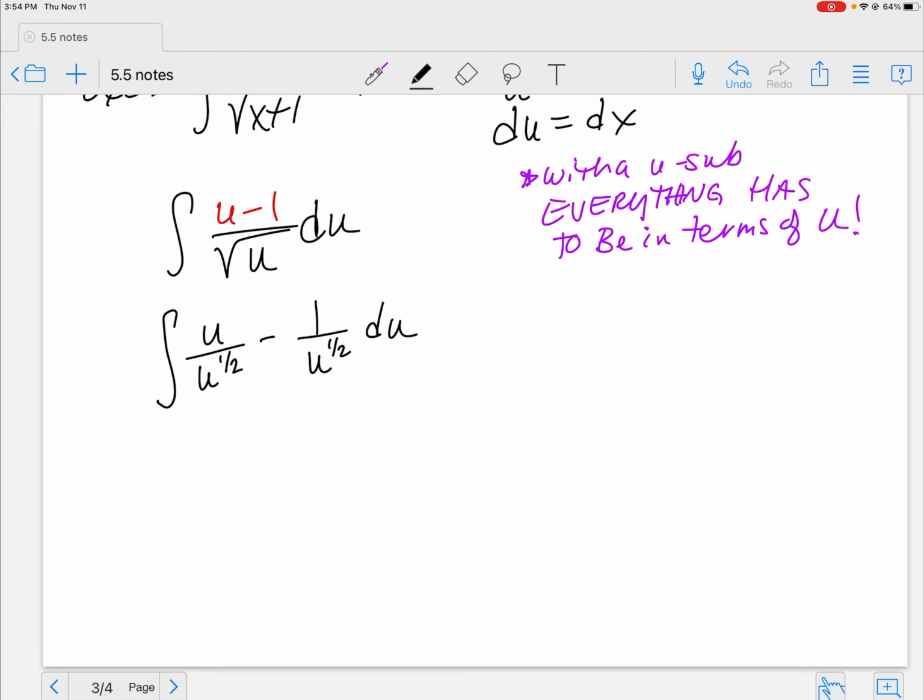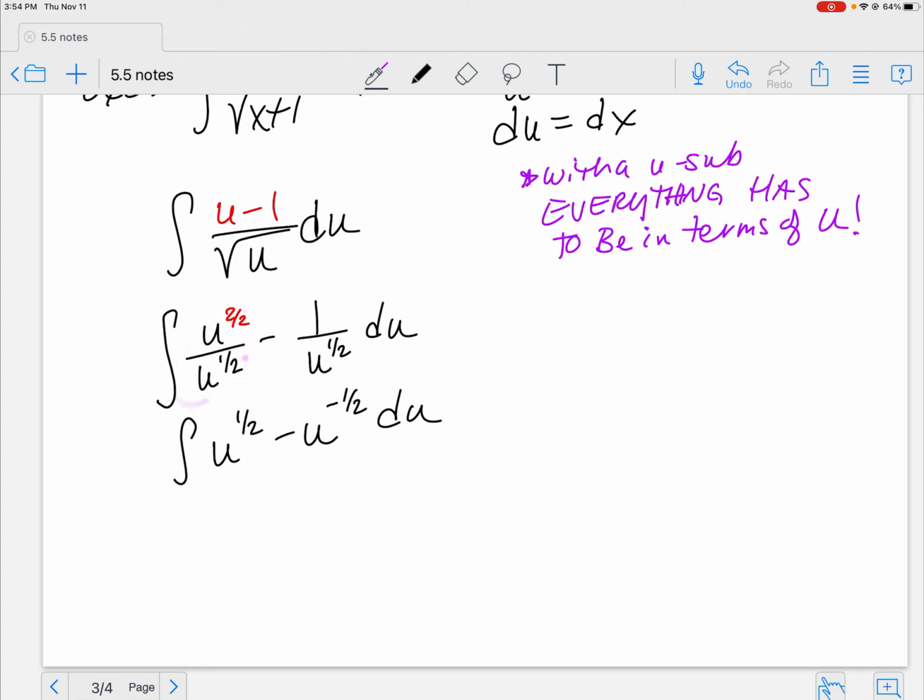Okay, I'm going to scoot this up a little bit. So here we are with these like bases. This is the same thing as 2 over 2. And you want to get it to where we're just algebra at this point. So I'm going to integrate here u to the 1/2 minus u to the negative 1/2 du. Right? Because I want to make it into a polynomial.